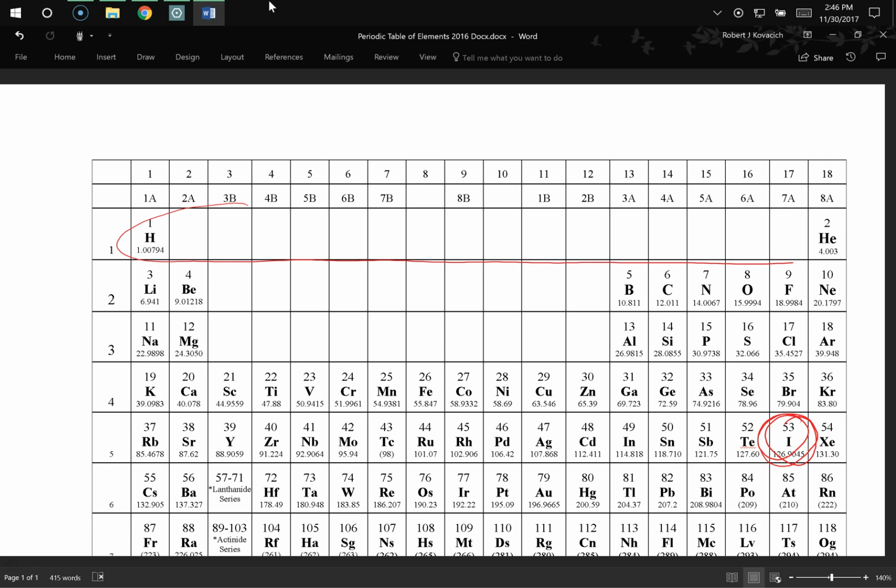So the first 2 electrons go here in the 1s, and I can fit 2 there. And I can fit 2 electrons here in the 2s. And then I can fit 6 electrons here in the 2p.